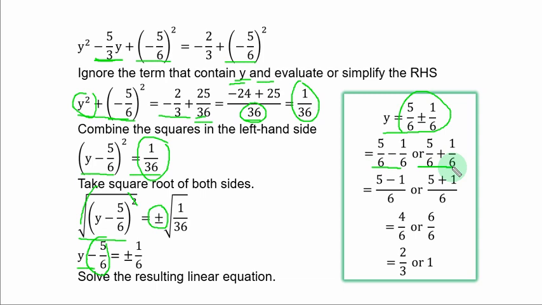You have like fractions. You subtract and you add. You have 4 over 6 or 6 over 6. When you reduce and divide, you have 2 over 3 or 1 as the value of y.